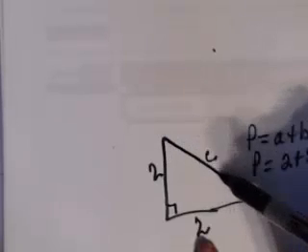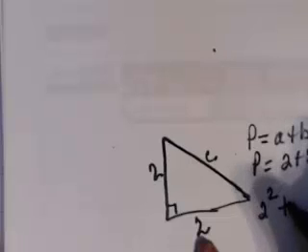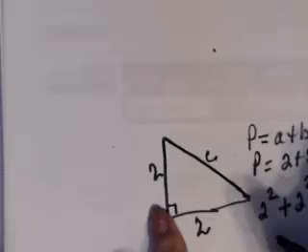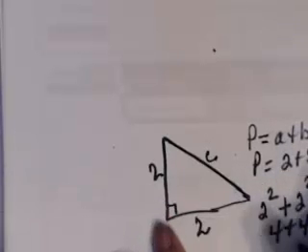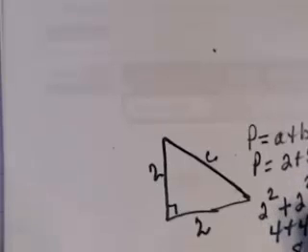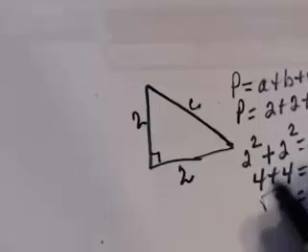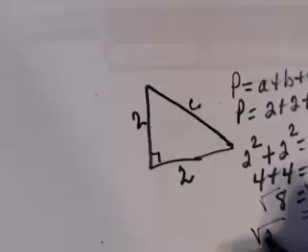So to get this length, we use the Pythagorean theorem: 2 squared plus 2 squared is C squared. So 4 plus 4 is C squared. 8 is C squared. And now we want to simplify that by taking the square root. The square root of 8 is the square root of 4 times 2.